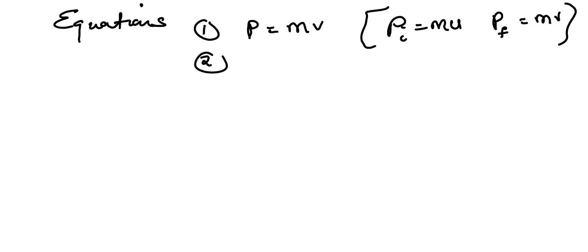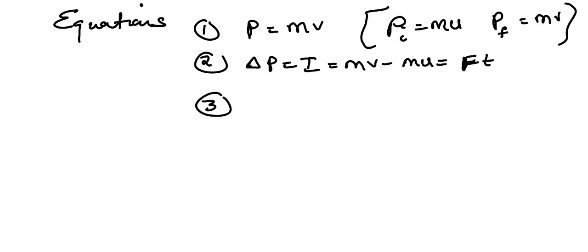Then this gave us the change in momentum, which is just called impulse, which is the same as mv minus mu, which later on changed to become force times time. Yeah, that's what we got. Then the third formula is where kinetic energy is the same as momentum squared over 2m. So this is what we are having. These are the only 3 equations that we've discussed so far.